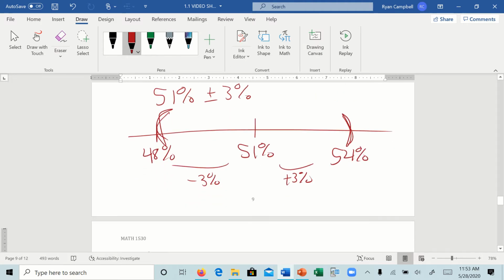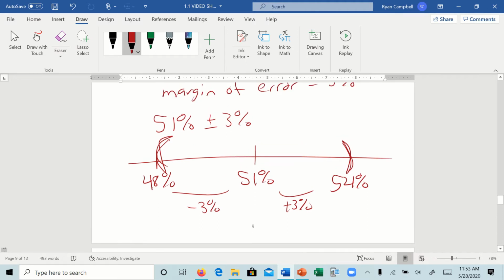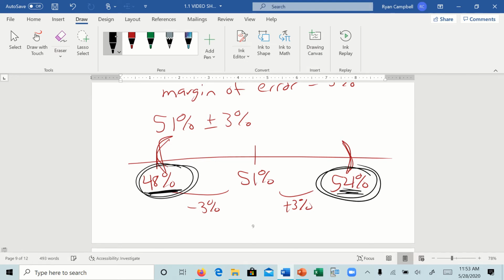So we are some percentage certain that our actual percentage of people who feel that gun laws currently infringe on the Second Amendment is probably between 48% and 54%.